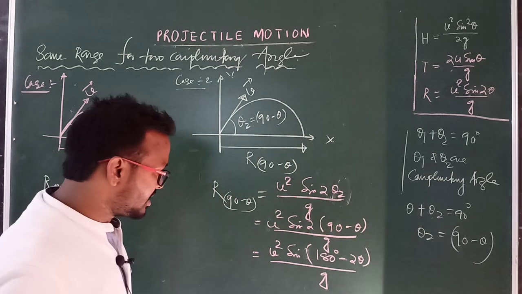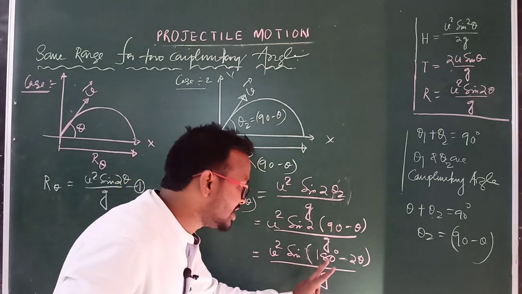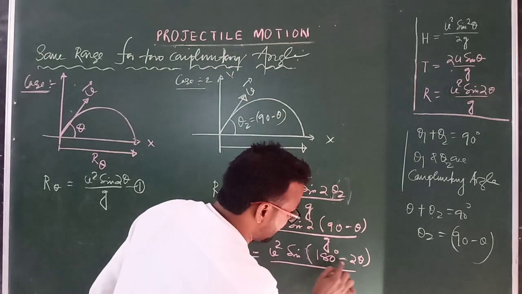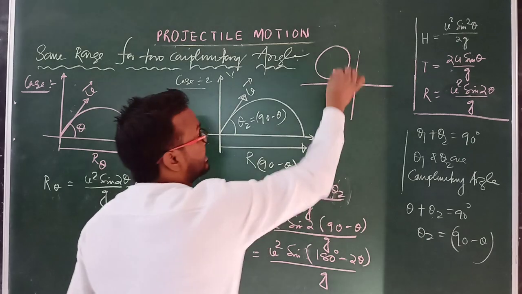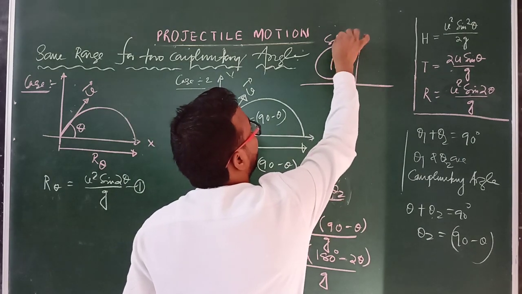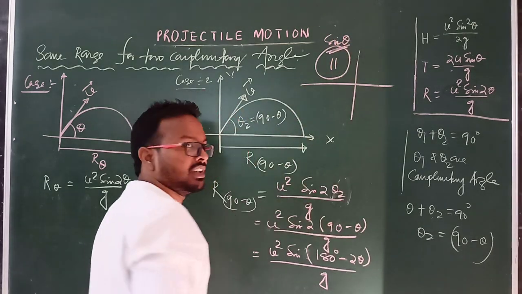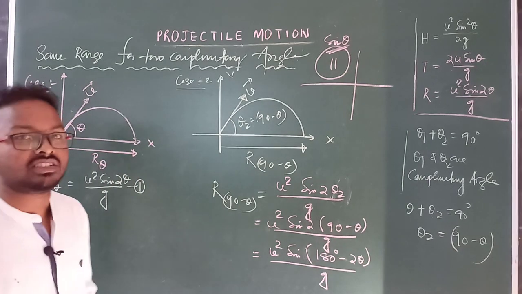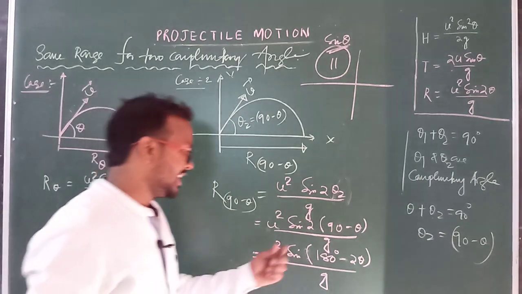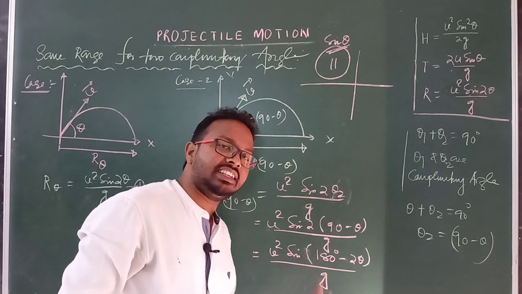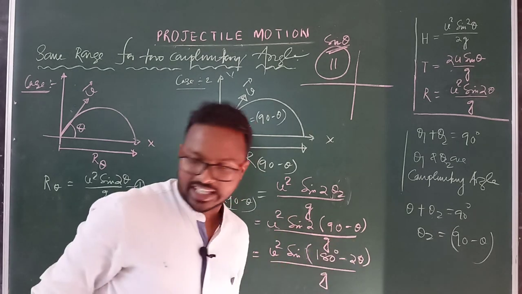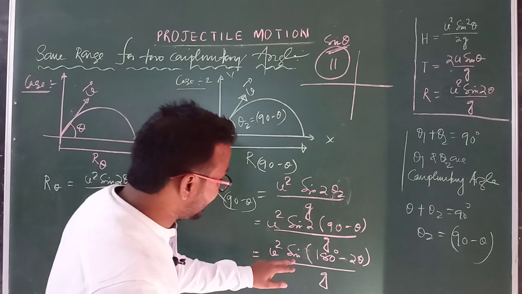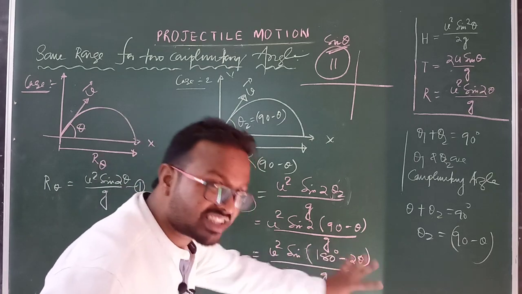Clear? But sin of 180 minus theta, 180 minus theta means it lies in the second quadrant, and in the second quadrant only the sine function is positive and all the other trigonometric functions are negative. So sin of 180 minus theta equals sin theta.